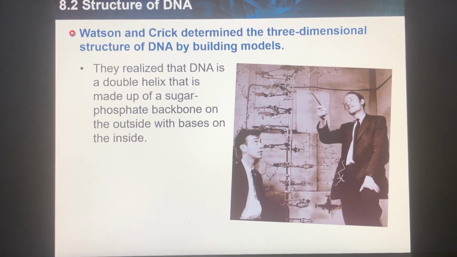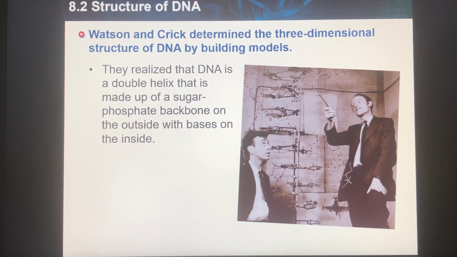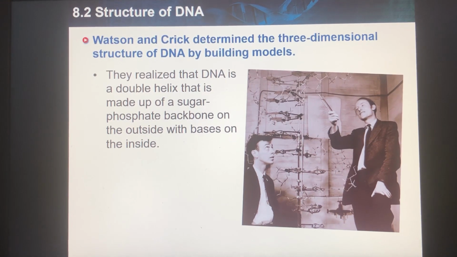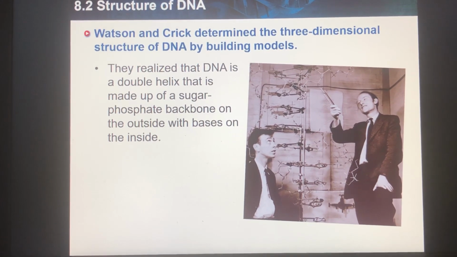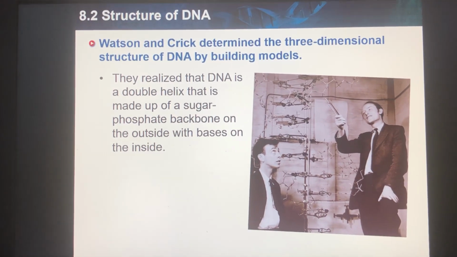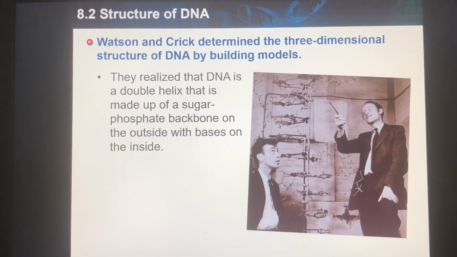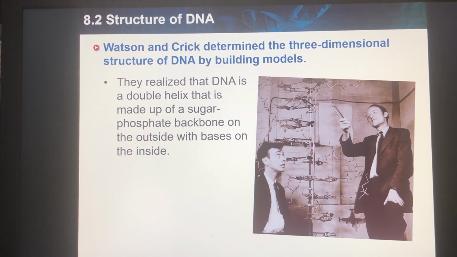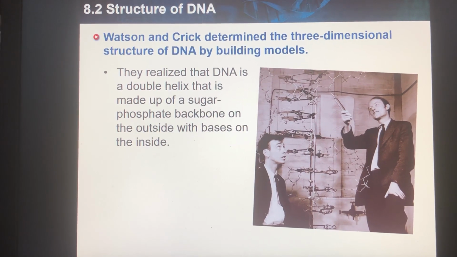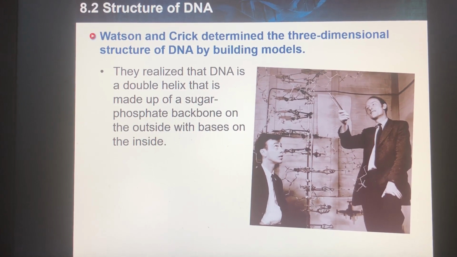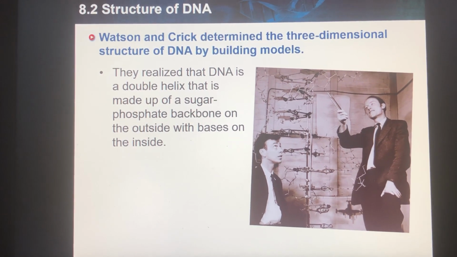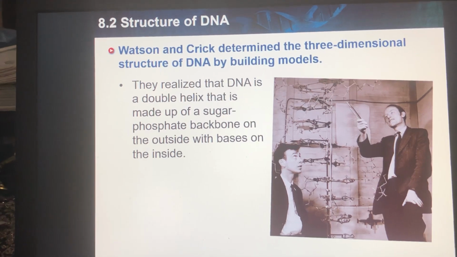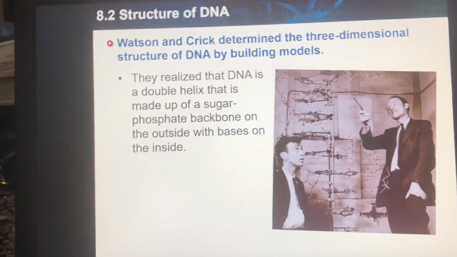And they said there is phosphate group and sugar. They put the phosphate group and sugar as a backbone outside the model. Outside means in the outer area of the double helix. Double helix, so there is inside the 2 helixes and outside. Inside the 2 strands and outside. Outside the phosphate group and sugar, inside bases.